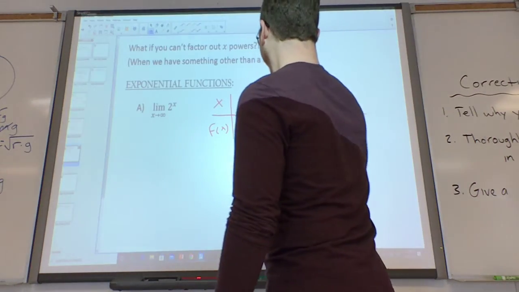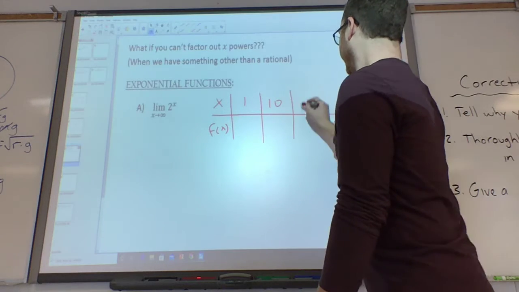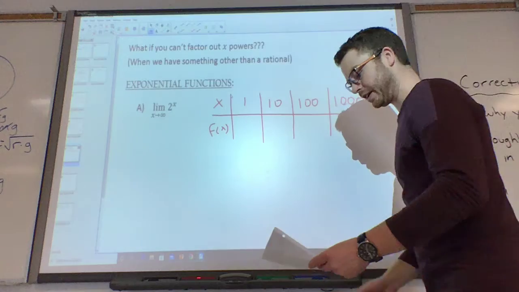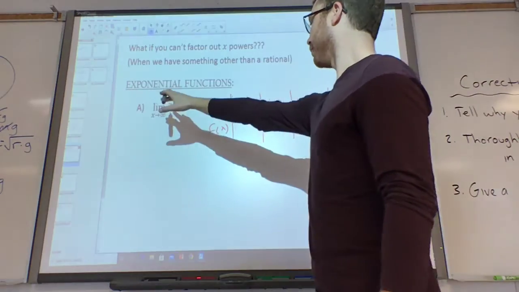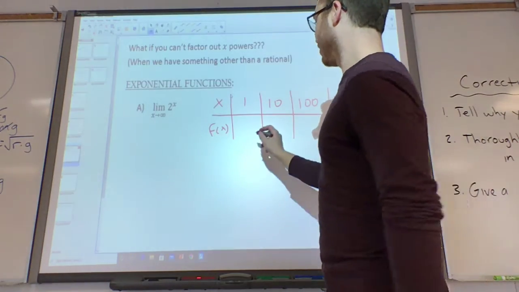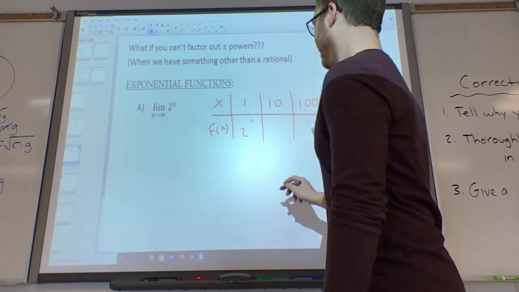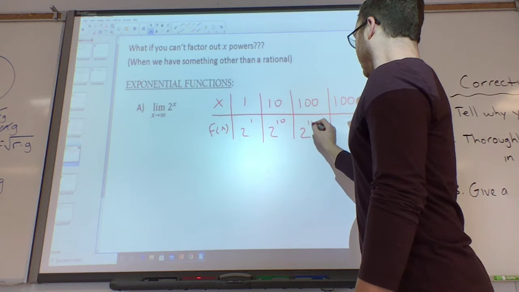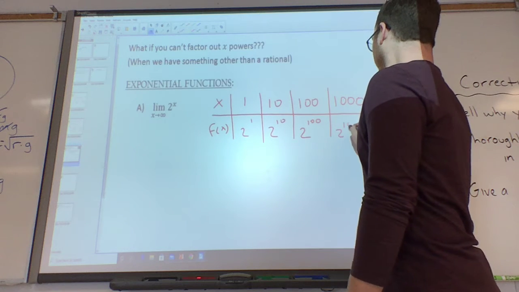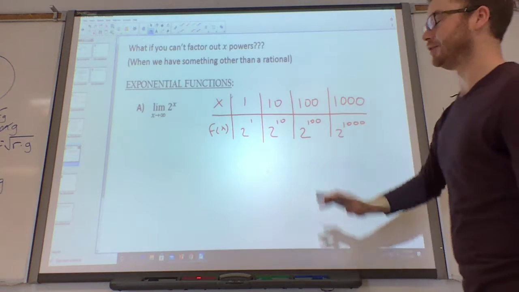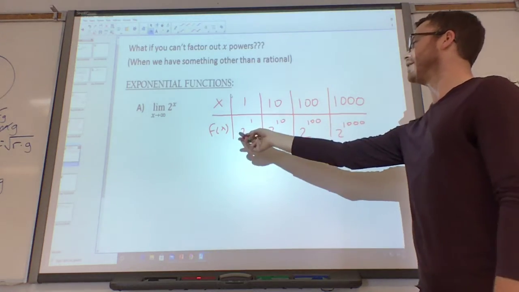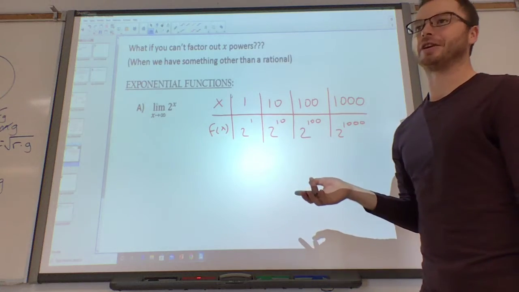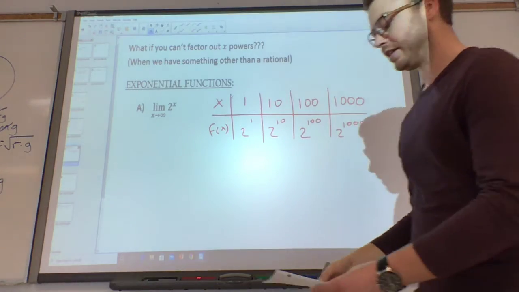So we'll do 1, 10, 100, and 1000. If we substitute that into f of x, we'll get 2 to the 1, 2 to the 10, 2 to the 100, and 2 to the 1000. We're not too concerned with these values themselves, because we know that it's just going to get really, really big, right? Exponential growth.